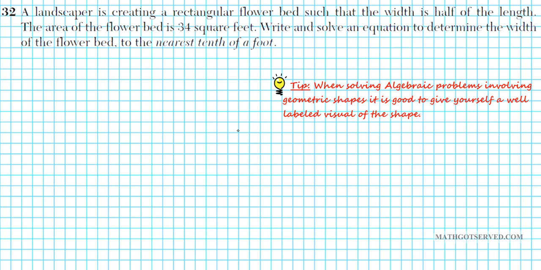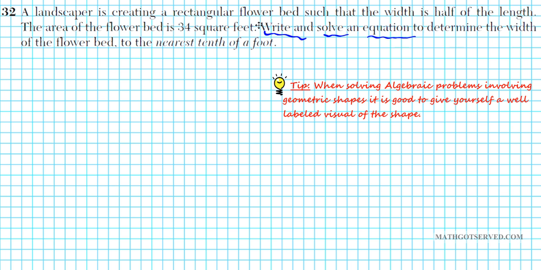So one tip is when you are solving algebraic problems involving geometric shapes that are not provided, it is always a good practice to give yourself a well-labeled visual, okay, so you can know how the different parts fit together in this problem. Now, in this problem, note one thing that's stated there. You were to write and solve the equation.